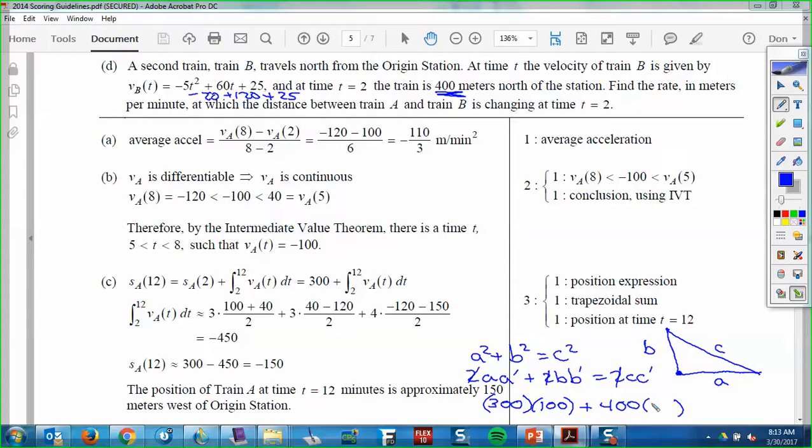So 125 equals, and then what's C? Where'd you get 500? 300, 400. This has to be 500, right? 3, 4, 5 triangle. Okay? So 500 C prime. There you go. You got everything you need.